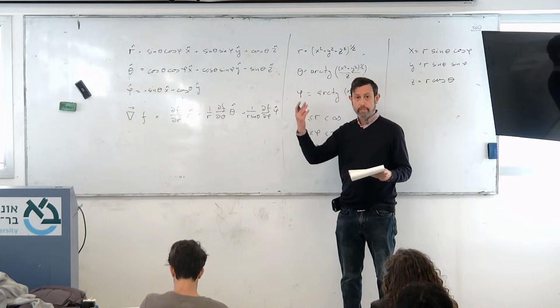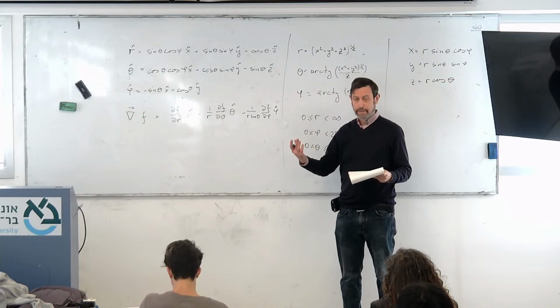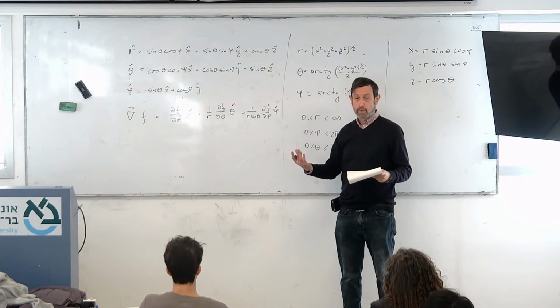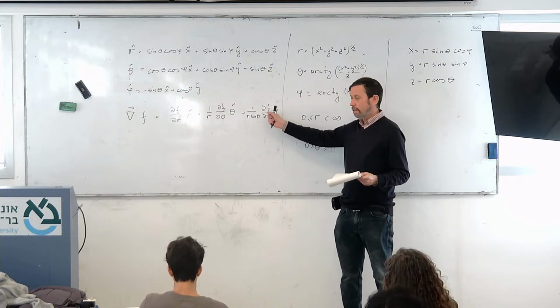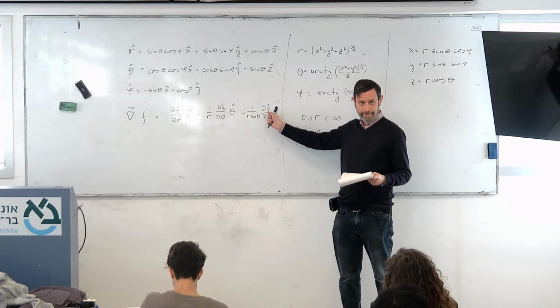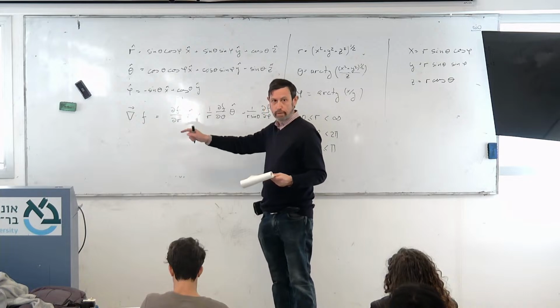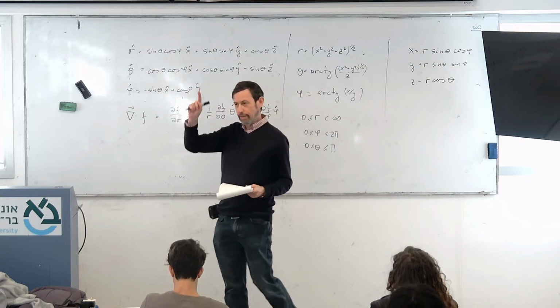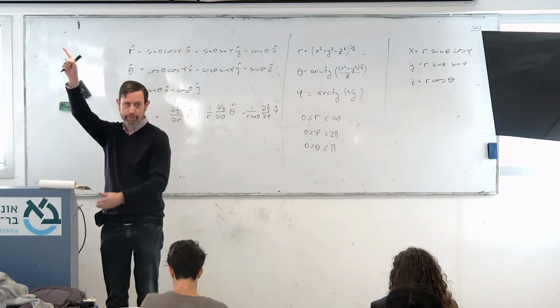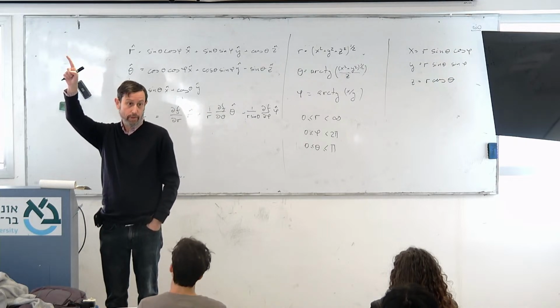Fortunately, for a symmetric potential, we see that the force doesn't depend on phi, doesn't depend on theta, and therefore it will be only either towards or away from the central point.